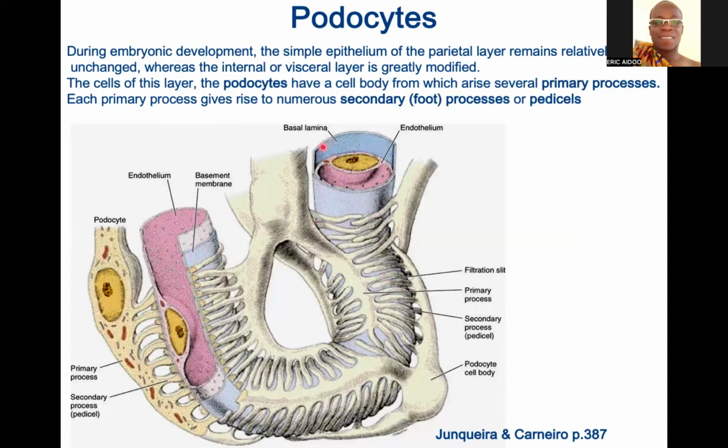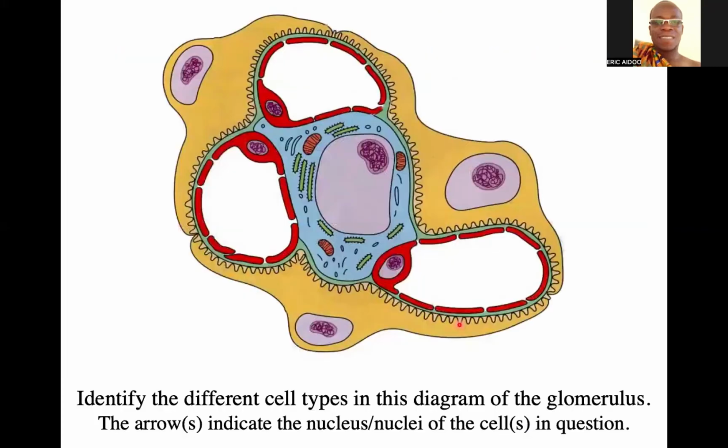So this is also basal lamina, that is endothelium. Remember, when you say lamina, it has to go with basal. When you say membrane, it has to go with basement. That's primary foot process, secondary foot process, that's the podocyte. That is the modified visceral layer of the Bowman's capsule.